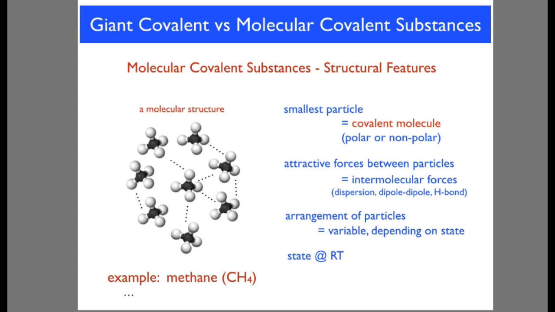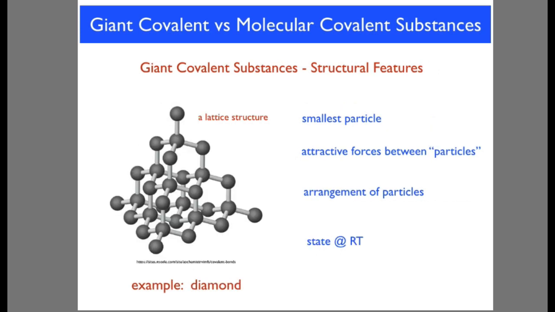The particles arrange themselves in a rather variable way, depending on which state they're in. At room temperature, they can be either solid, liquid, or gas, and this just depends on the strength of the intermolecular forces. Methane over there would be a gas at room temperature because of the weak London forces that hold it together.